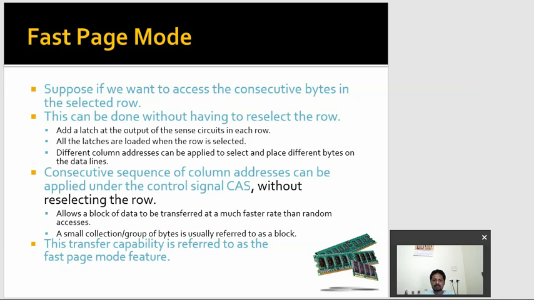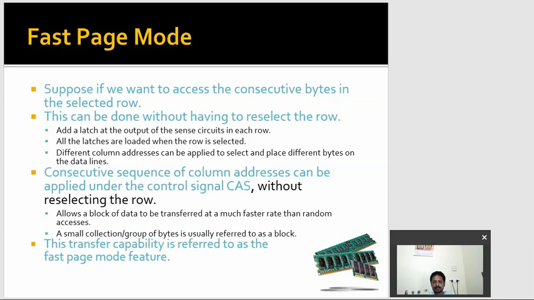For that purpose, what they will do is add a latch at the output of the sense circuits in each row. All the latches are loaded when the row is selected.